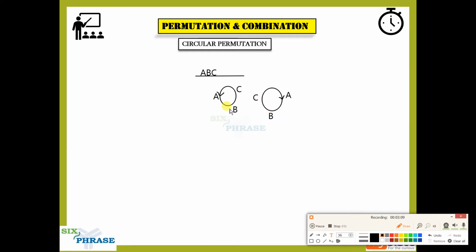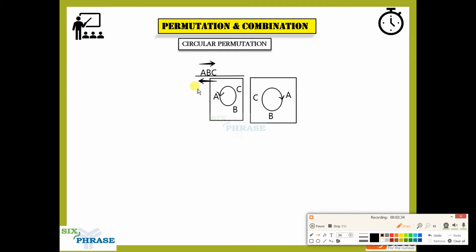Now you have to understand this and this are not the same. Yes, they are two different things. It's very similar to ABC. If you go from left to right, it is ABC. If you go from right to left, it is CBA. Now tell me, ABC and CBA, are they the same permutation or two different permutations?